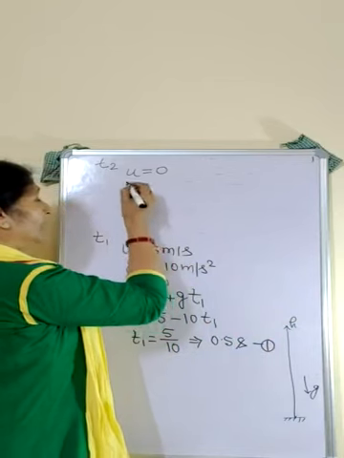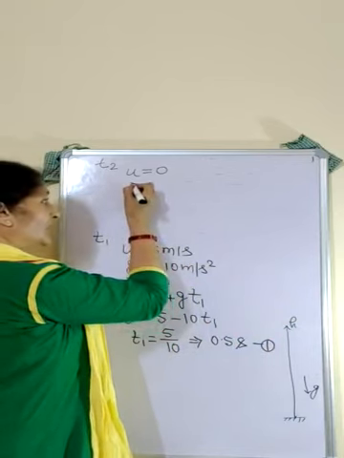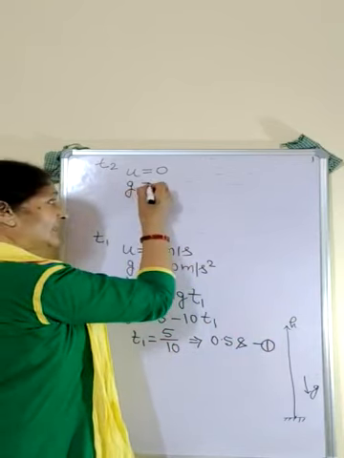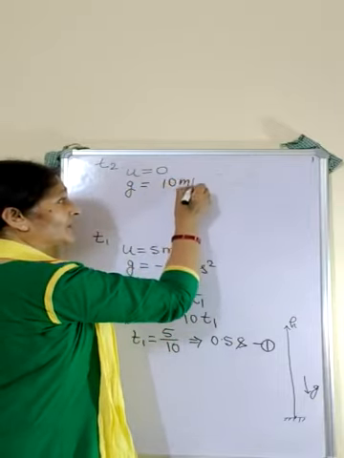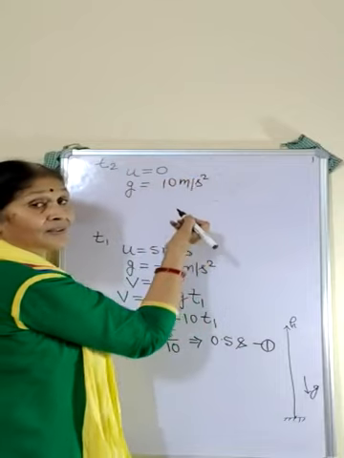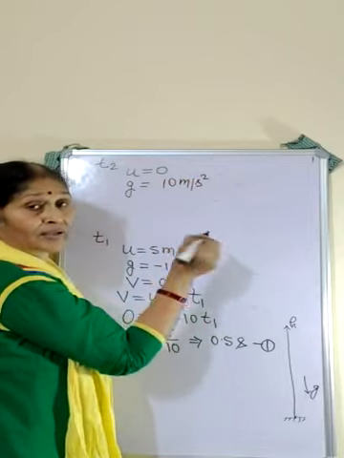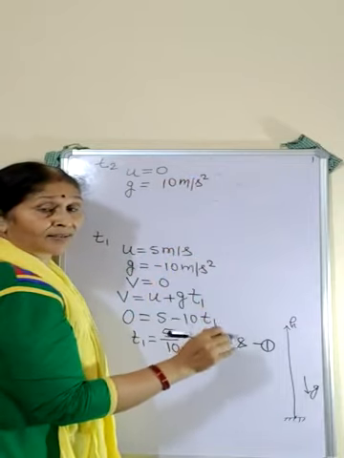And the acceleration given in this question will be 10 meter per second square. We take positive acceleration because the direction of motion and direction of acceleration are the same.